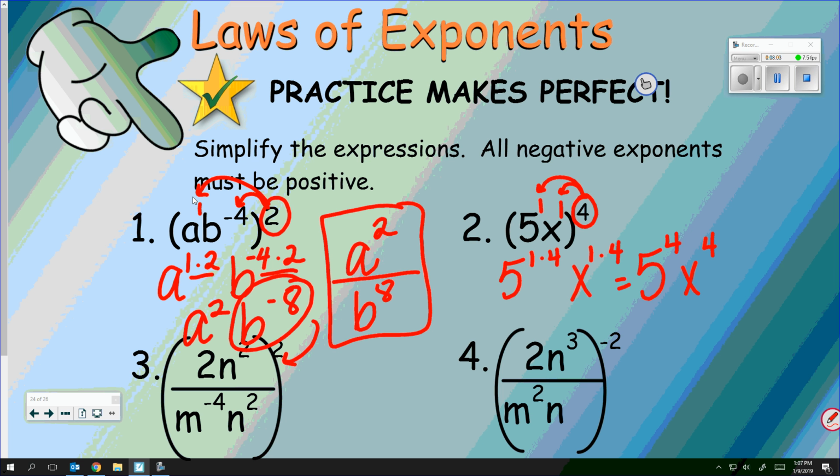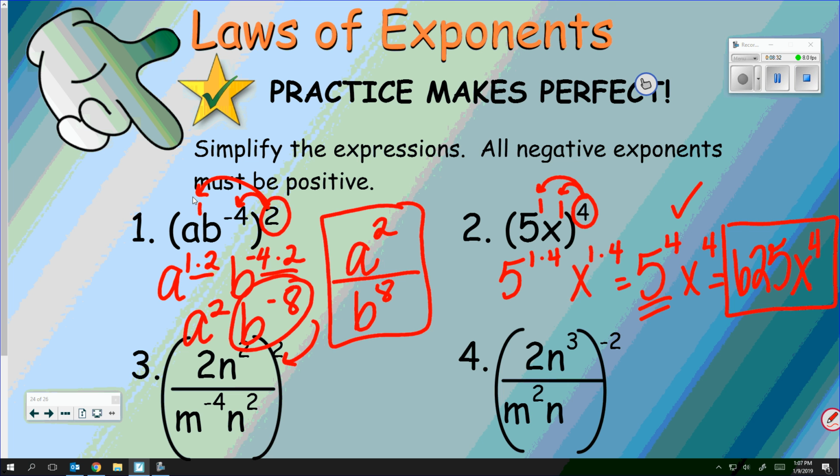Now, if you were to put this into your calculator, you would get 625, and you would still have your x to the 4th power. Just for tomorrow, being the only time for the quiz, I will take this answer as well.